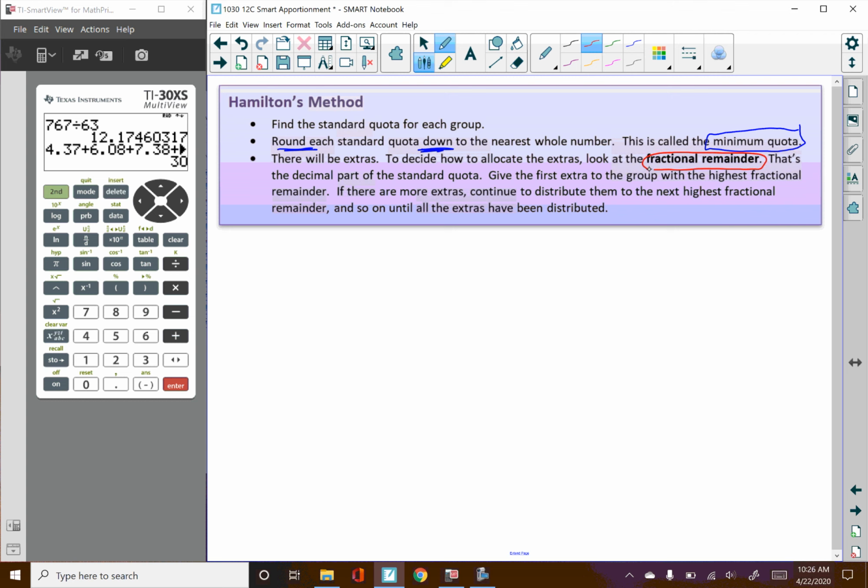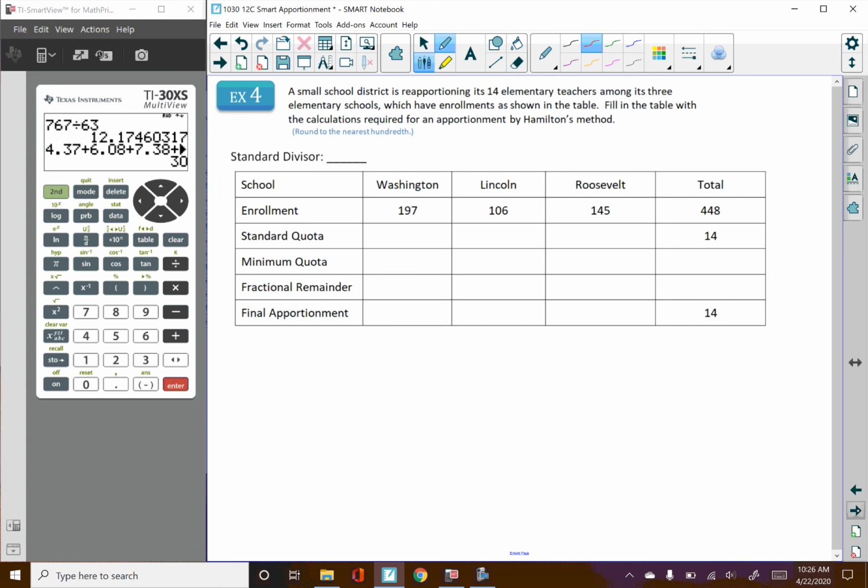So you're going to give the first extra to the group with the highest fractional remainder, and then if there are more extras, because sometimes there's more than one extra, you continue to distribute them to the next highest fractional remainder until all the extras have been distributed. Now that sounds maybe kind of crazy, but once you get to doing it, it's really not that complicated.